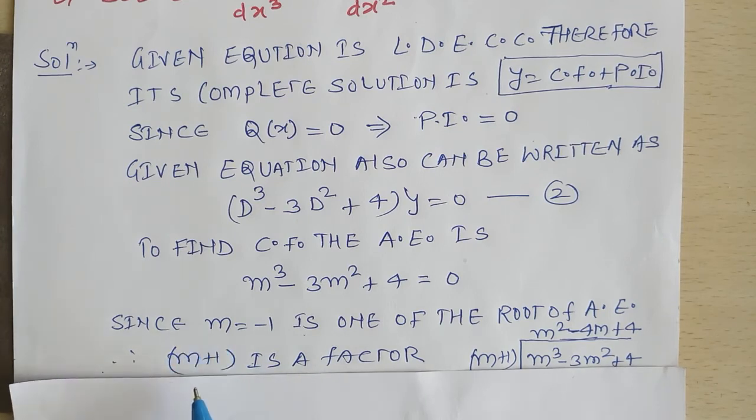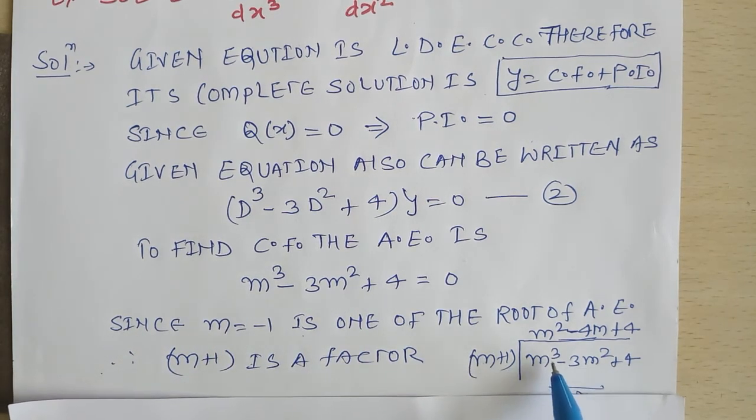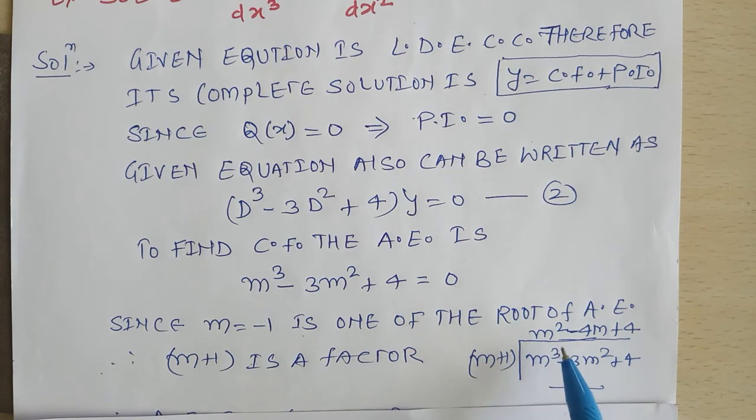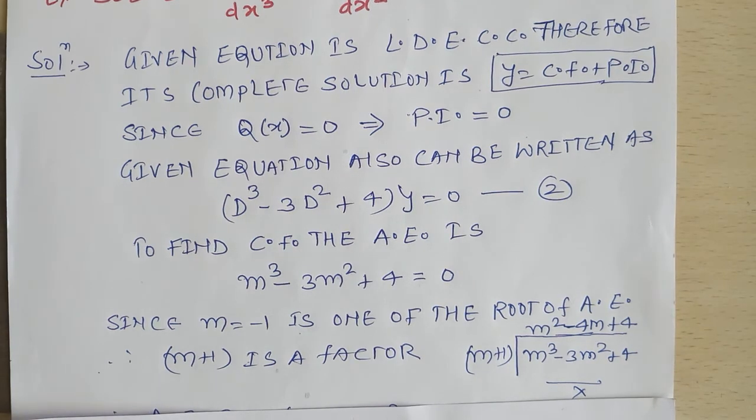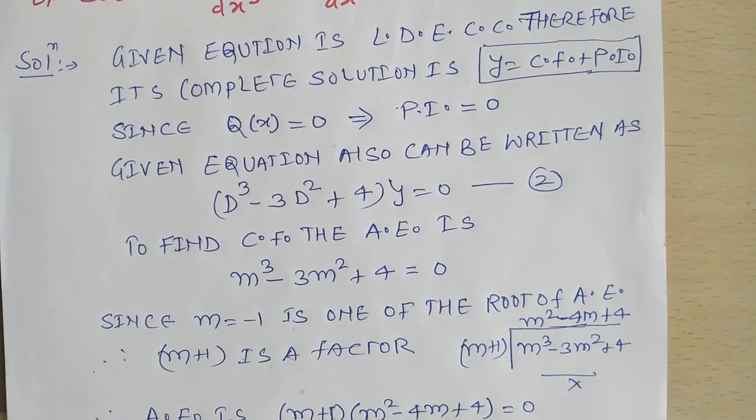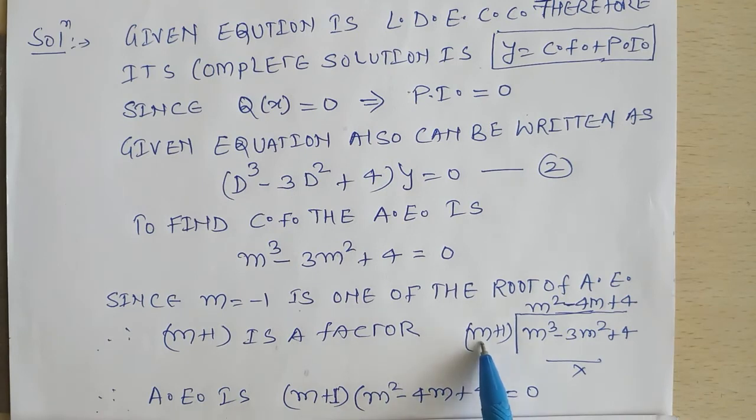Now we divide this equation by the factor m plus 1, then complete division gives m square minus 4m plus 4, and therefore this expression is equal to the product of these two.